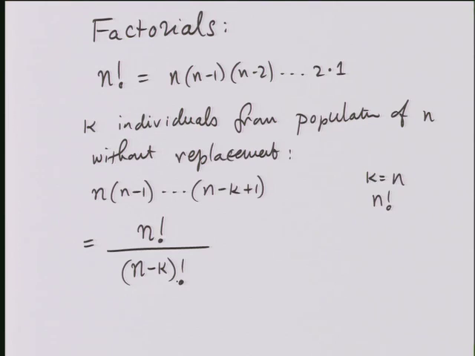Okay, so now you're ready for the second rule of counting. What the second rule of counting says is, if you're trying to count the number of sheep in a field, and it's too hard to count the number of sheep, then count the number of legs and divide by 4.